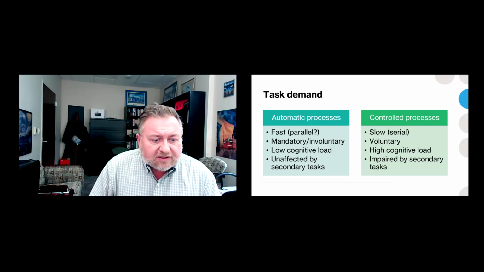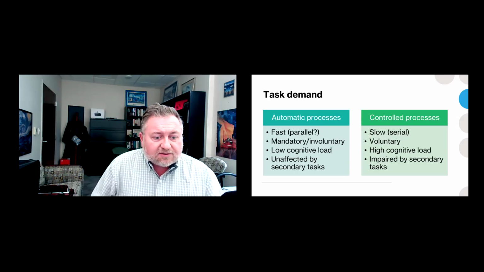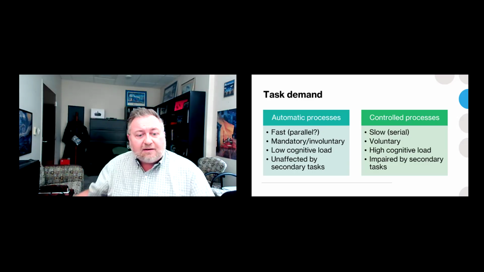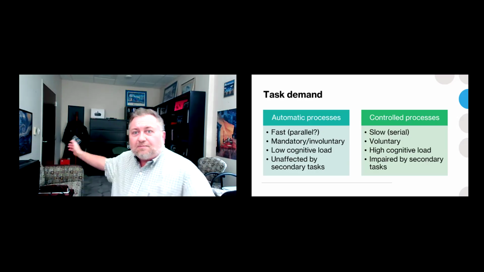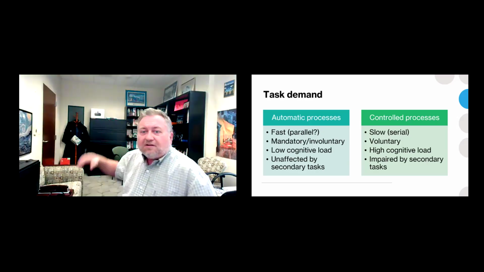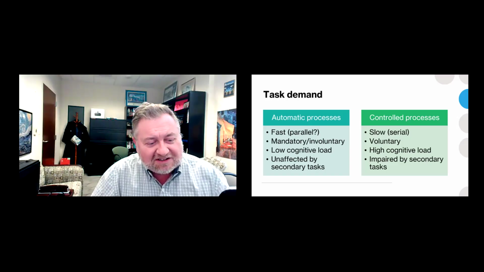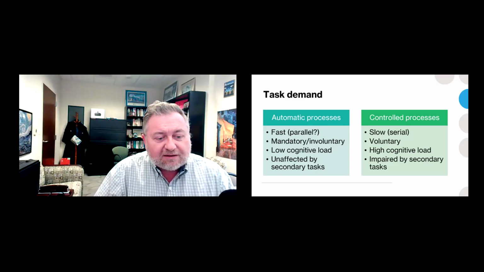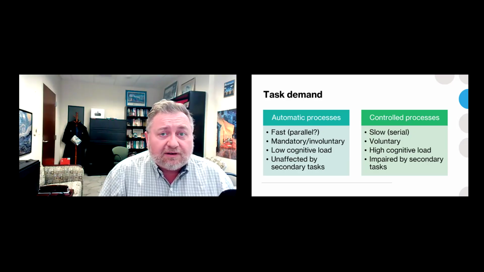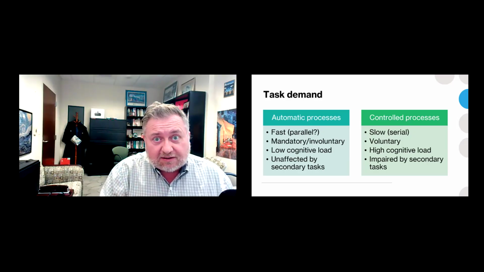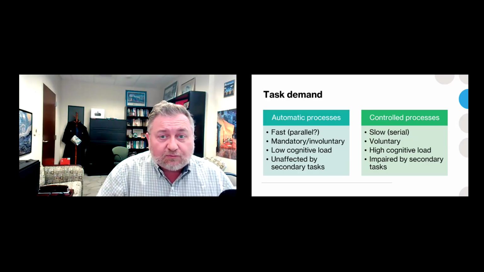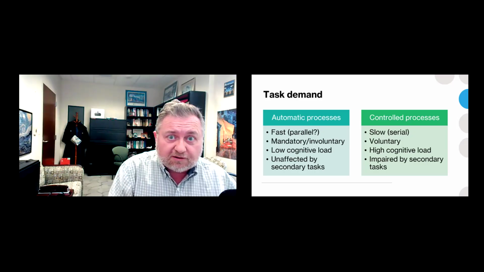And then, of course, the idea is that when the tasks are easy or automatic, like walking and chewing gum, sorry, I'm still messing with my motion sensor back here, right? Then I'm dual tasking as I'm doing this, right? The automatic processes are less affected by these kinds of secondary tasks because they're just kind of working without too much cognitive control.